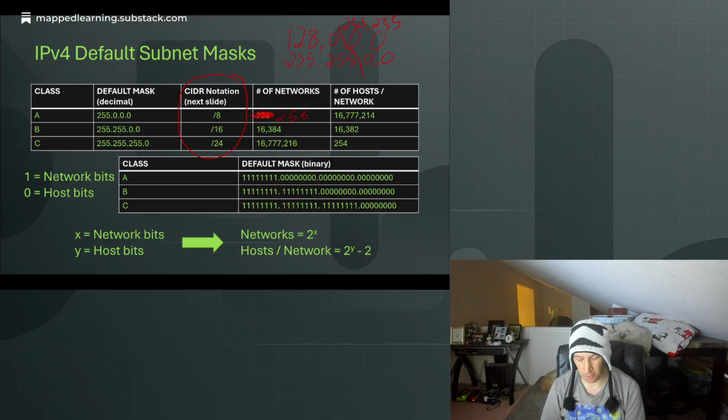The number of hosts per network is 2 to the power of Y, where Y is the number of bits in the host part of the subnet mask, minus 2. Why do we subtract 2? Well, in each network, we have 3 different types of addresses.